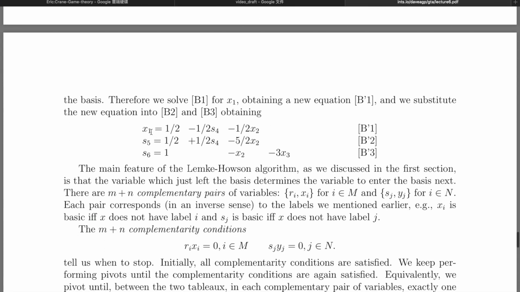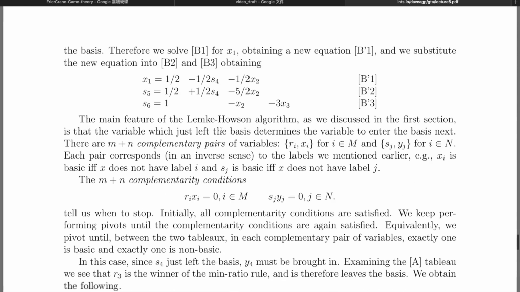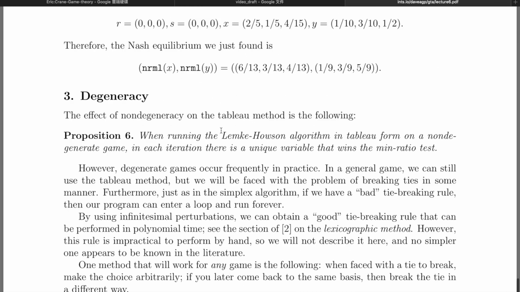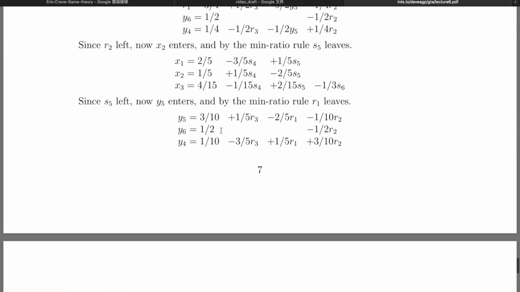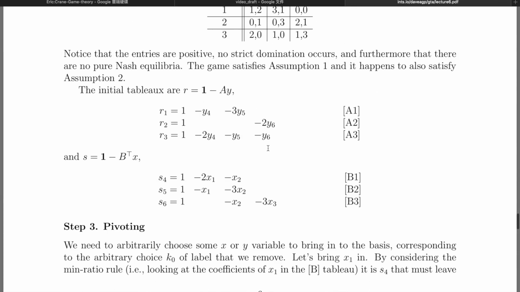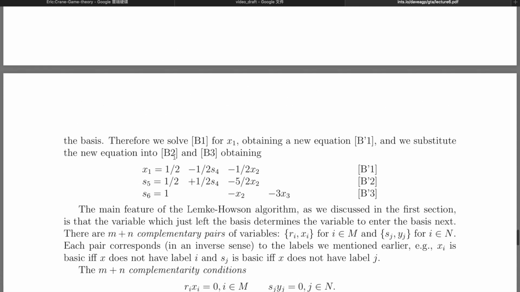Here, x1 is brought into the basis, and S4 is transformed into non-basis. Obviously, when the Nash equilibrium is found, those non-basis variables will be said to be 0, and we can get the value of basis variables.